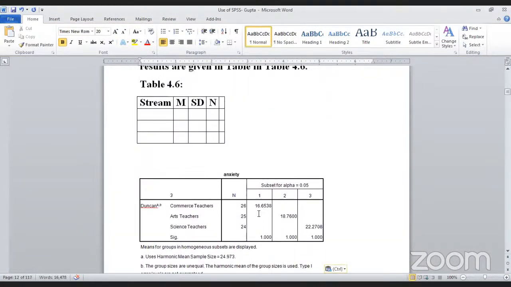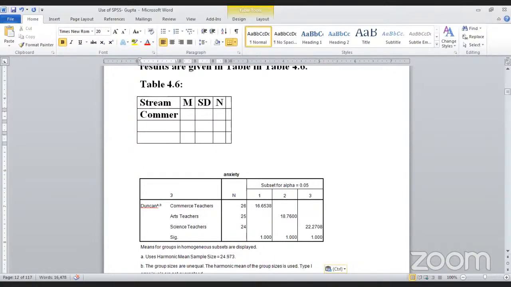Now you say this is the mean score of anxiety of the commerce teachers. So I can write commerce, and here the mean is 16.65.